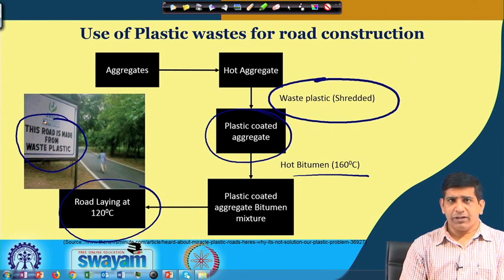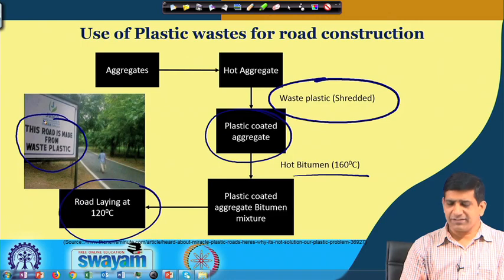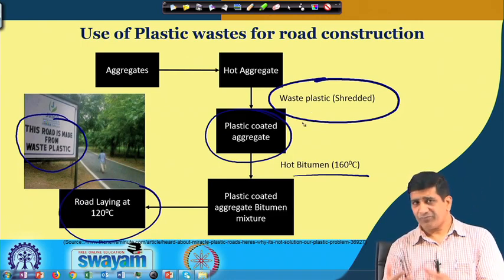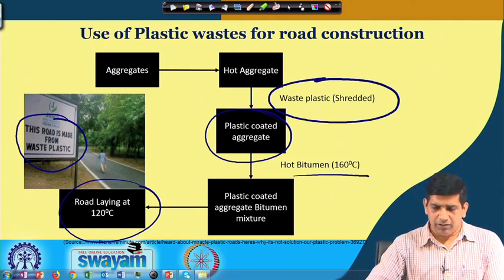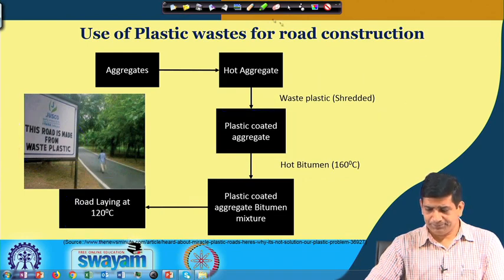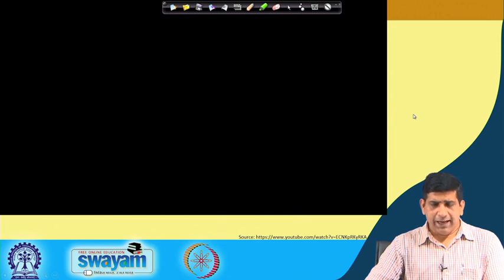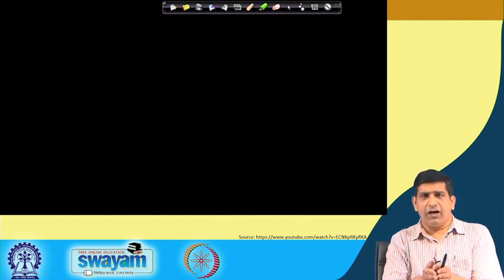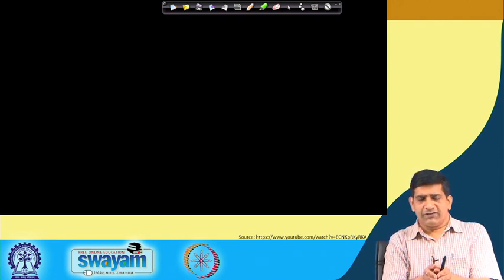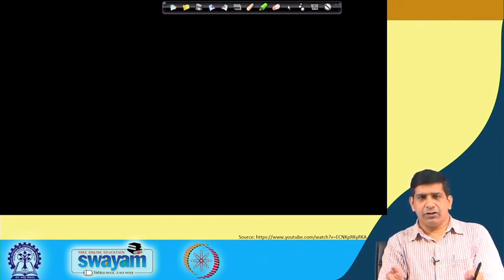The only thing you are doing differently here is adding waste plastic in this step, and that helps improve some of the properties, which we will see as we make progress in this lecture. Then we will look at the whole process of how waste plastic is used in roads.